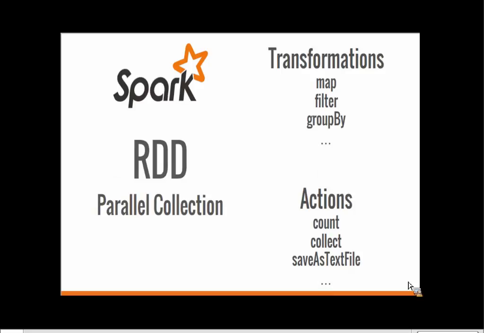SparkR uses the resilient distributed dataset, RDD, which splits the big data set across multiple clusters so it can be operated on in parallel. So you get the beauty of parallelism using SparkR.